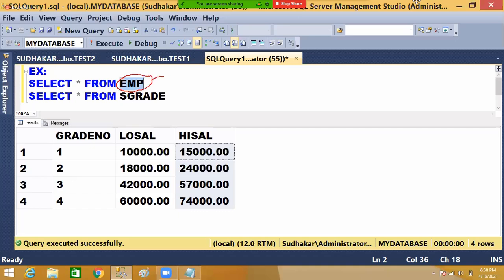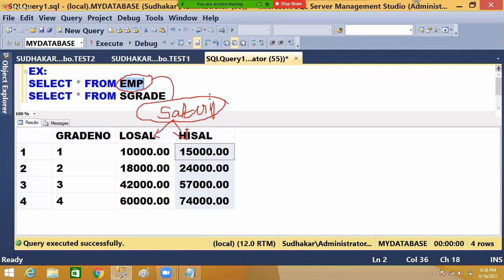So which employee salary is between low salary and high salary? Those people in my EMP table, those are the people I want.